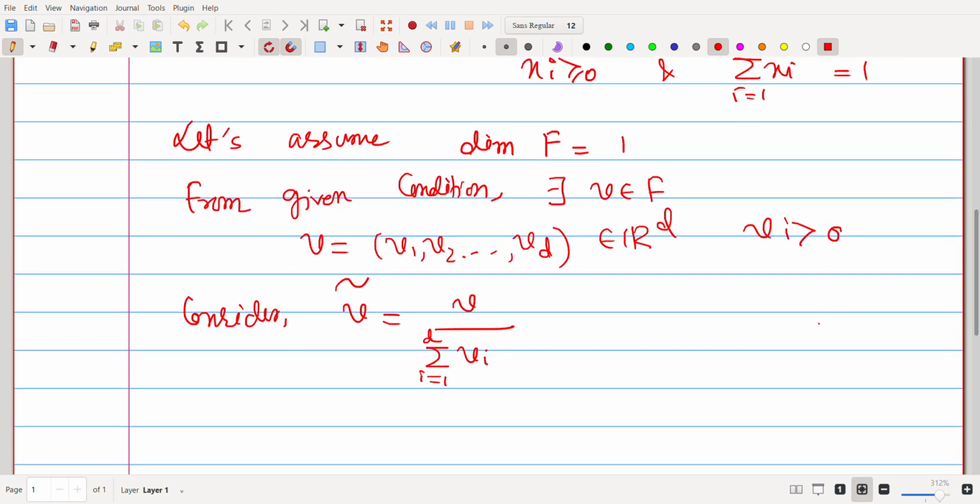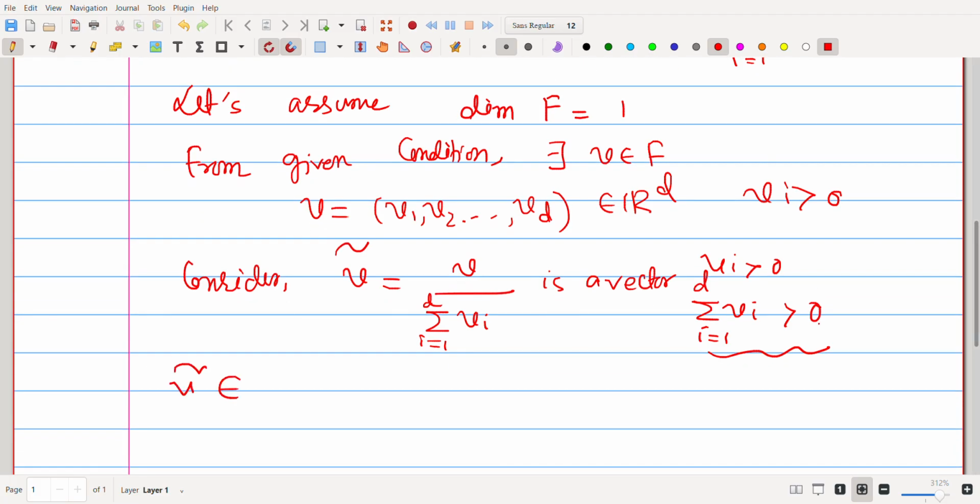This sum makes sense because each Vi is strictly greater than 0, so the summation of Vi, i equal to 1 to d, is strictly greater than 0, right? So this is the vector.